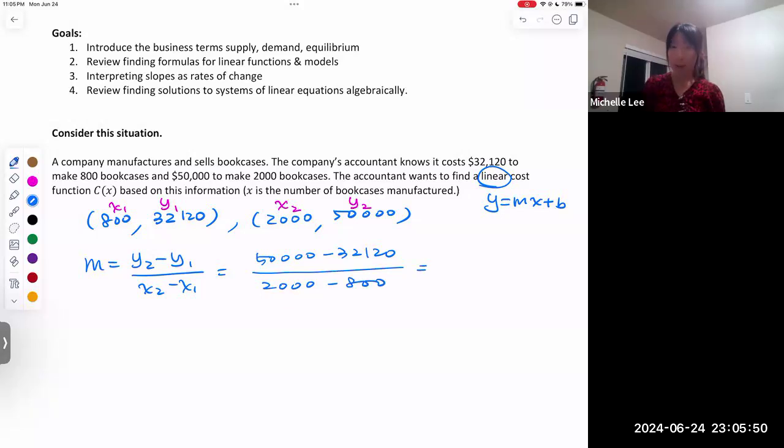So there will be 17,880 over 1,200. If we calculate this, this will be 14.9.